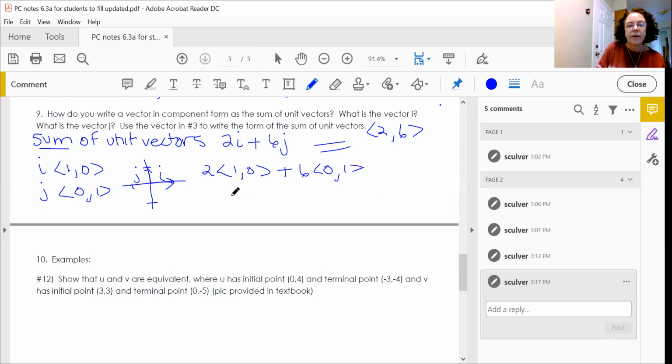Notice I get the vectors 2, 0 plus the vectors 0, 6. And when you add them up, you get the vector 2, 6. So the way you write a vector in component form as the sum of unit vectors is just to take the horizontal value and the vertical value, multiply them by i and j and add them up. It really is as easy as you would think.